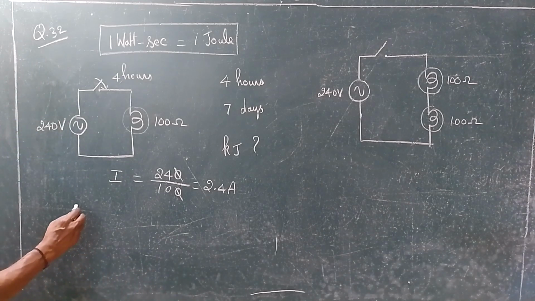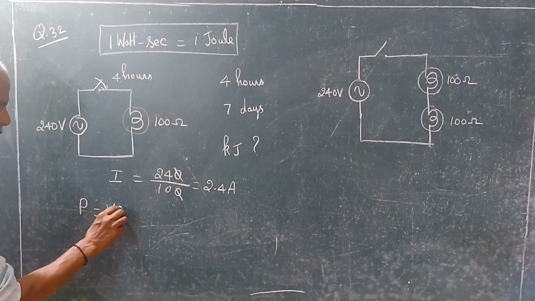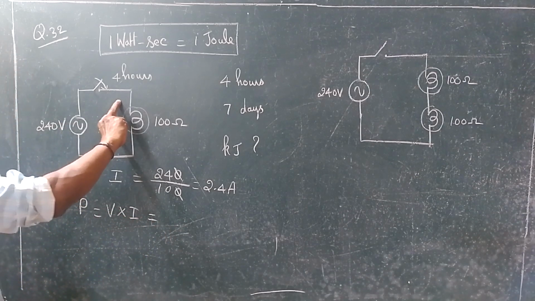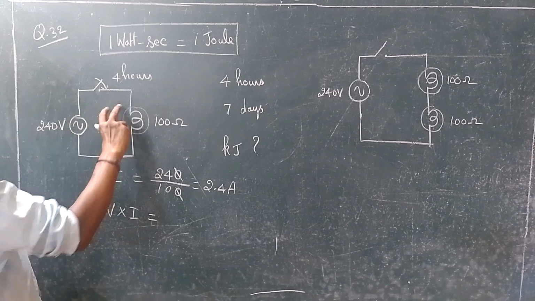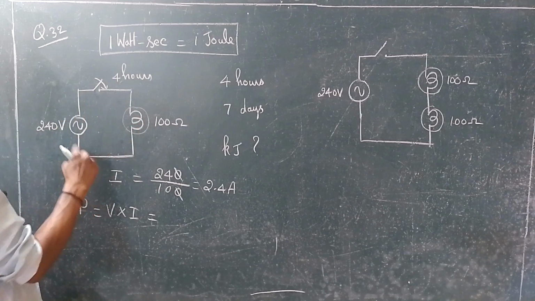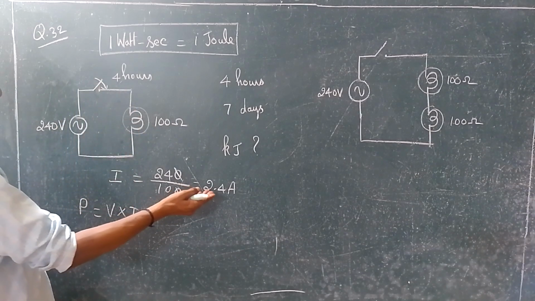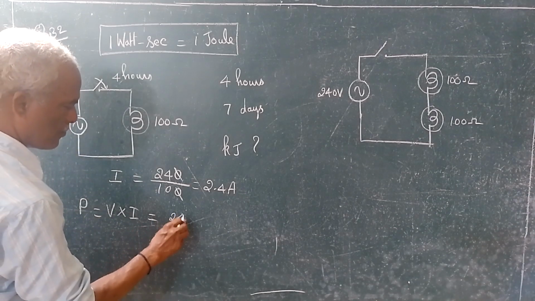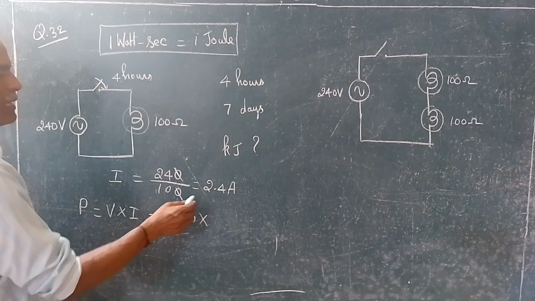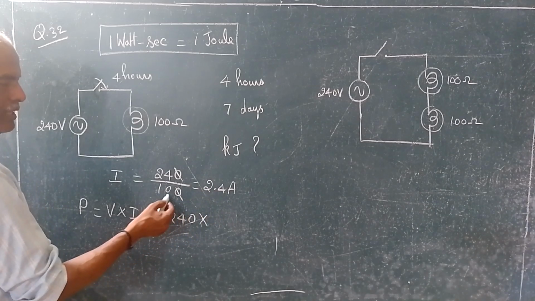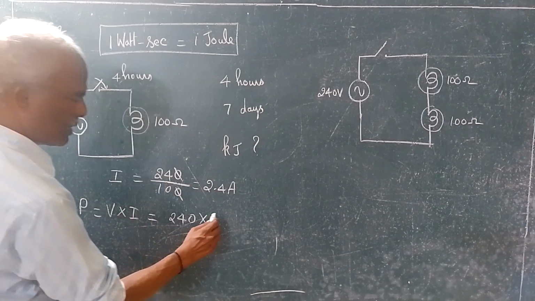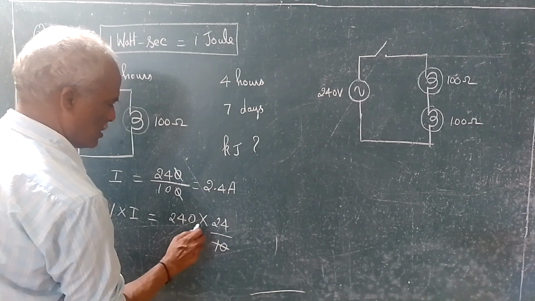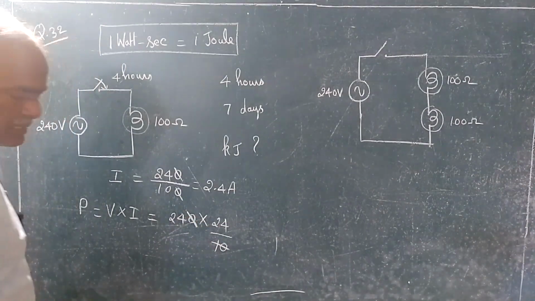Now we have to calculate the power. Power is equal to V into I. The voltage across the load, that is the bulb, is 240, and the current flowing in the circuit or through the bulb is 2.4 amps. So voltage is 240 multiplied by current. Current I can write 2.4, equivalently I can write 24 by 10. So these 0s will get cancelled.